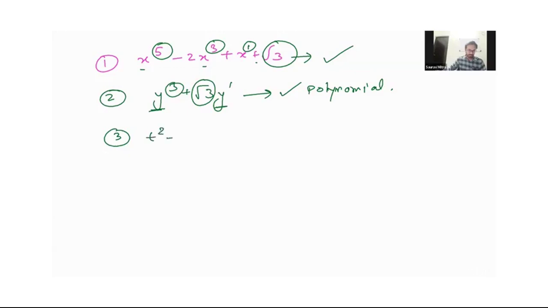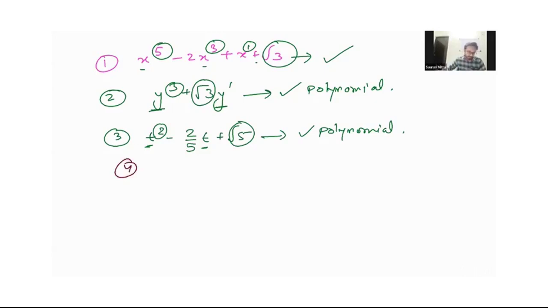Now, t square minus 2 by 5t plus root 5. This is a polynomial in t. The powers are 2 and 1, and root 5 is a constant, so this will also be considered a polynomial.